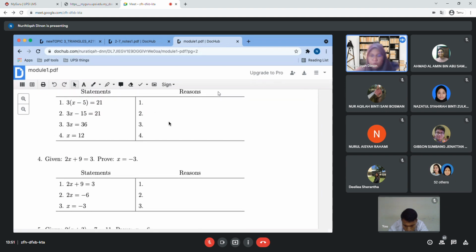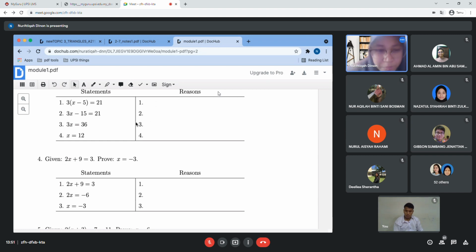At this time kita just nak you improve you punya ways on writing the reason. But please try to write the reasons dengan full term. You tak boleh buat short form, you tak boleh macam congruence angle same measure macam tu. You kena buat ayat, kena buat sentence dia.